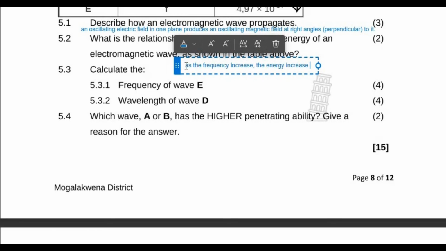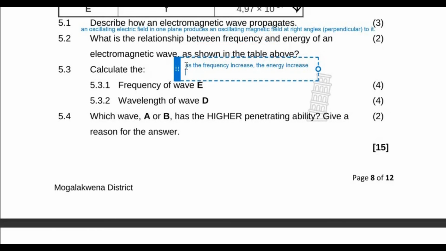Or for this type of relationship, we can just say that the frequency is directly proportional to the energy.